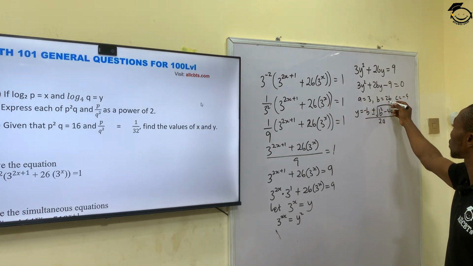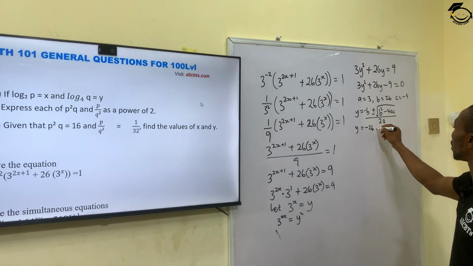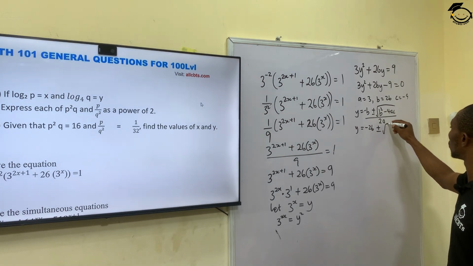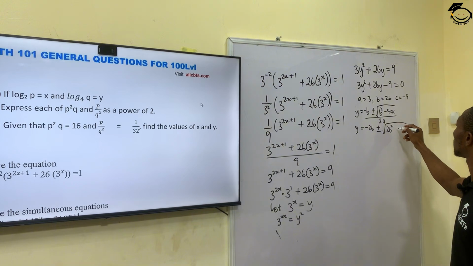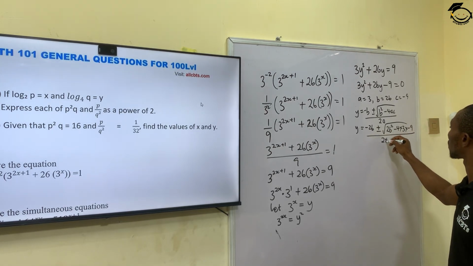So y will become minus 26 plus or minus root 26 squared minus 4 times 3 times minus 9, all over 2 times 3.